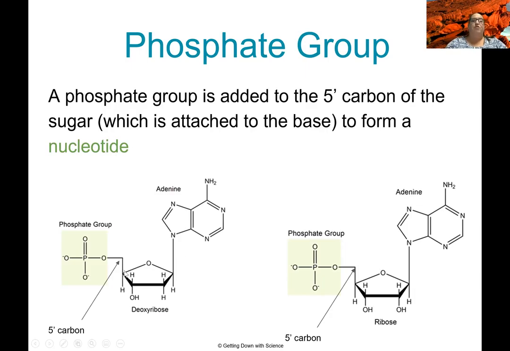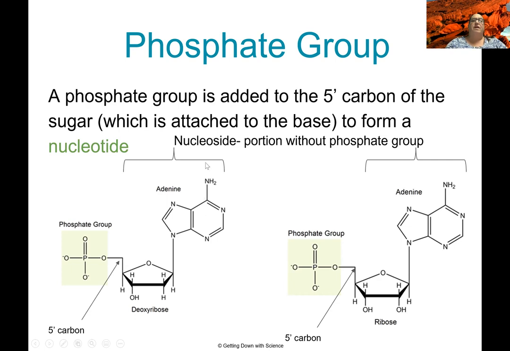And this is considered our 5' carbon that the phosphate group will be attached to. And notice the nitrogenous base is attached on the opposite carbon on that sugar. Okay. So we have what we call the nucleoside portion, and then we have the phosphate group. So the nucleoside is the part without the phosphate group on it.